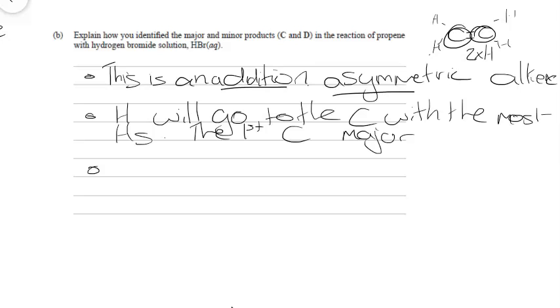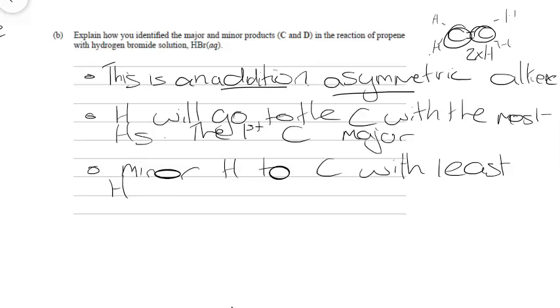And then as the minor, the hydrogen would go to the carbon with the least hydrogens, which is the second carbon.